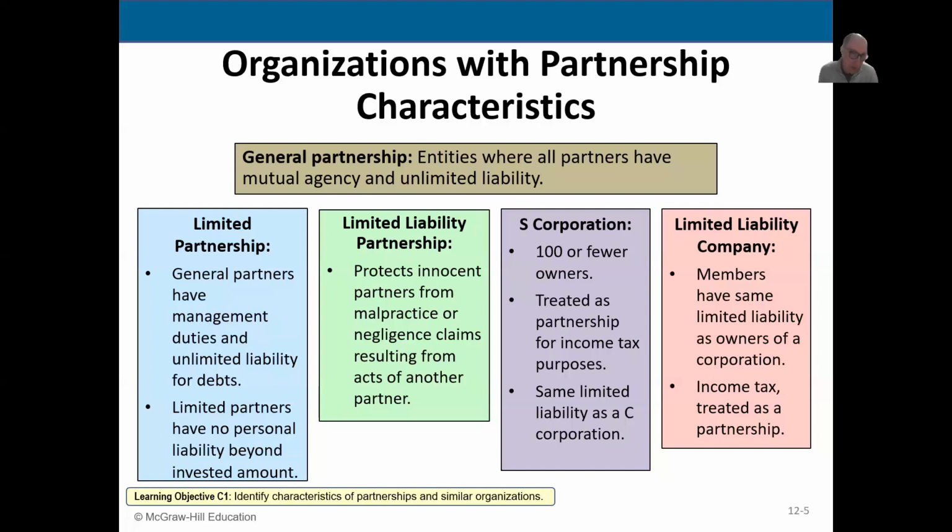To understand the general characteristics of these different types of partnerships, we need to look at which one makes the most sense for your type of partnership and for your needs. How does the taxation work? What's the liability look like? Those are really important questions to ask.